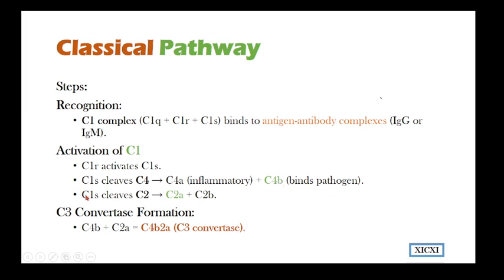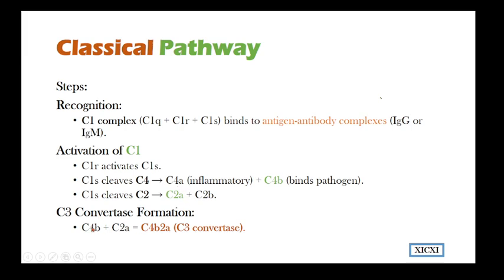Now, at the same time, this C1 will activate or cleave C2 into C2a and C2b. Usually, a is leaving the cascade and we are remaining with b, but there is an exception only for this C2a, which is going to remain in the cascade.